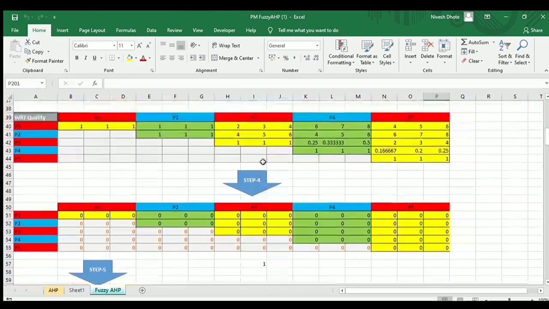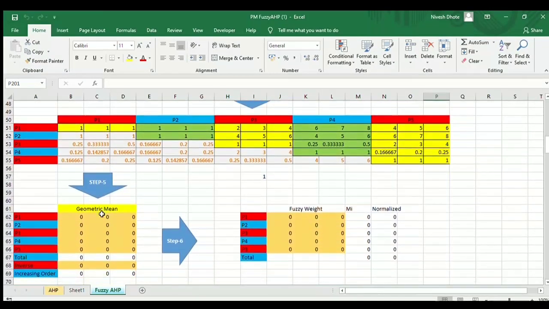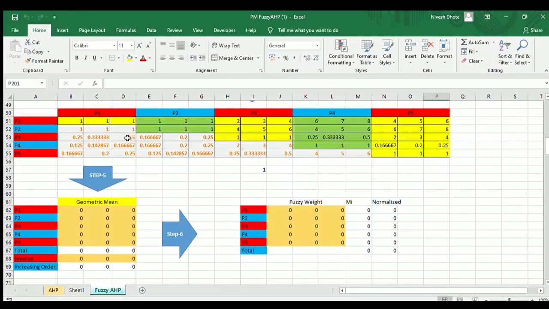Now our next step is to fill all the empty blank cells. So once we do this, we will figure out these values. Here what we have to do is take the reciprocal, but we have to arrange it in increasing order only. So here 1 by 4 is equal to 0.25, so it will come first. 1 by 3 is 0.333, so second column, and 1 by 2 is 0.5.